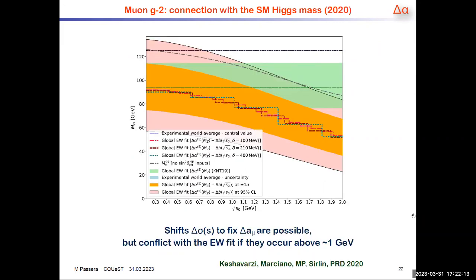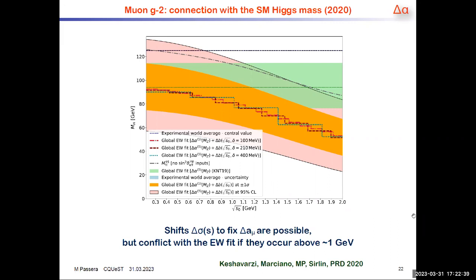Same thing, this is square root of s, where you're changing the cross-section. Here is the Higgs at 125, this blue dashed line up here. 125 is the Higgs mass. And this is the band of the prediction of the mass of the Higgs. In orange is at 1 sigma, and in pink is at 95% confidence level.